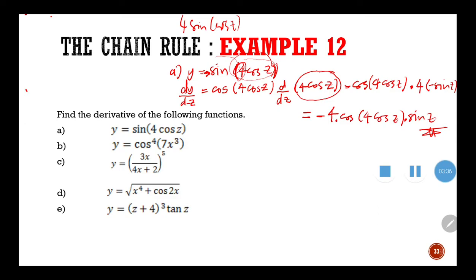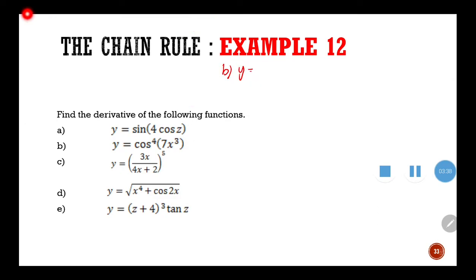Alright, so now we move to B. Okay, so for B here, if you look at function B, y equals cos to the power of 4, 7x to the power of 3. So the power belongs to the whole function. So you may rewrite the function so as not to get confused, as everything to the power of 4.